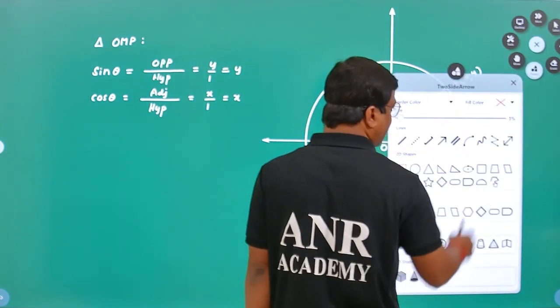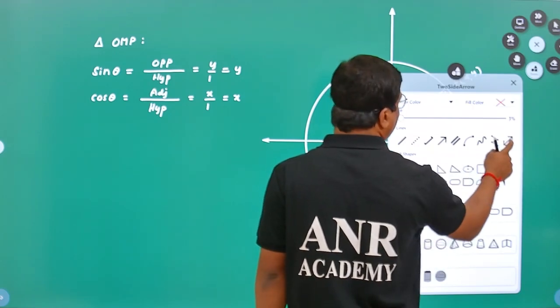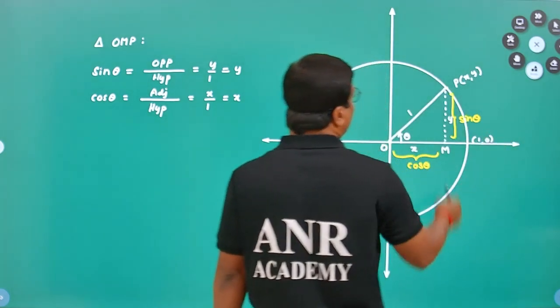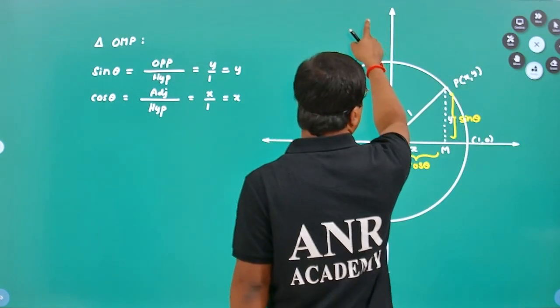Next, suppose you select a tangent at point P with respect to this circle.